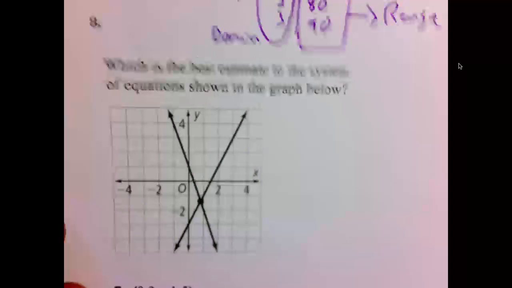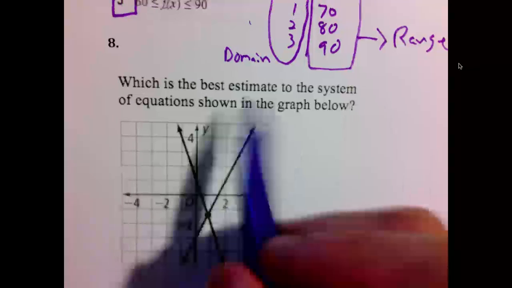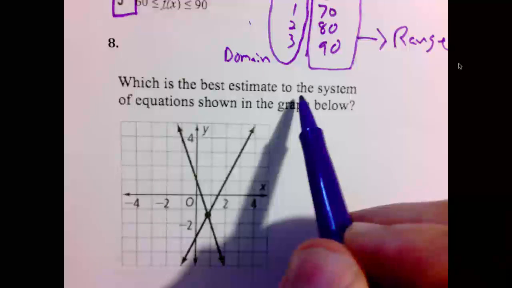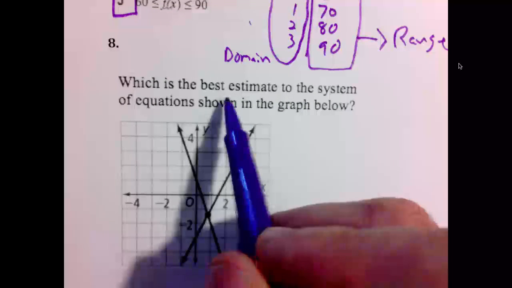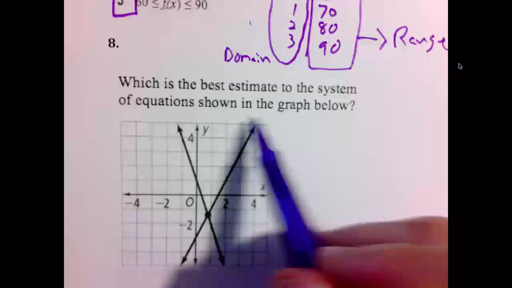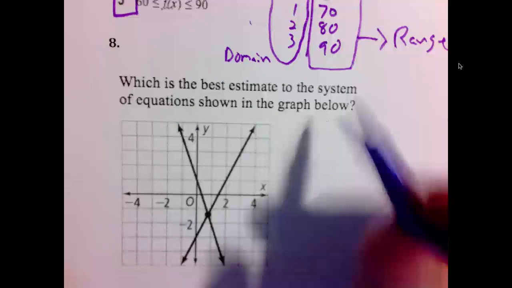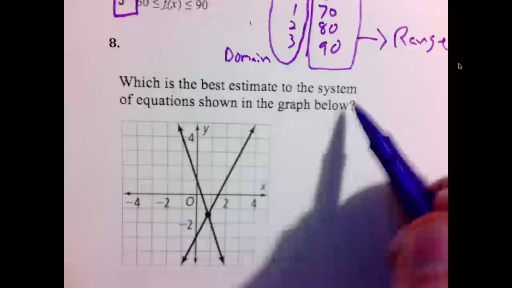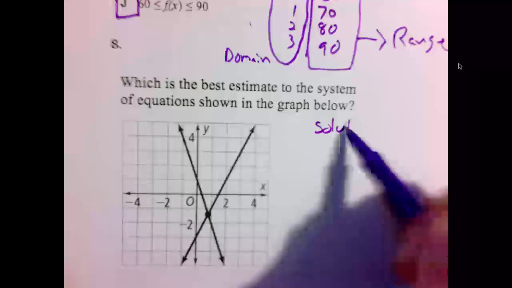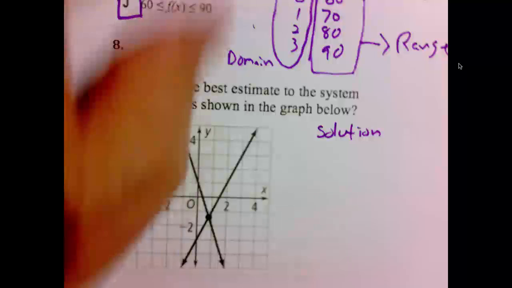Alright, 8 says, what is the best estimate? Which is the best estimate to the system of equations shown in the graph below? What we mean to say here is the best estimate of the solution. Okay.